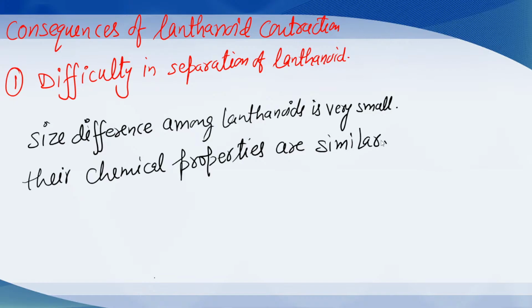What I said, there is a change in ionic radius in lanthanoids, but that change is very small. So the size difference among lanthanoids is very small, and therefore their chemical properties are almost similar, and that's why it is difficult to separate them in the pure state.